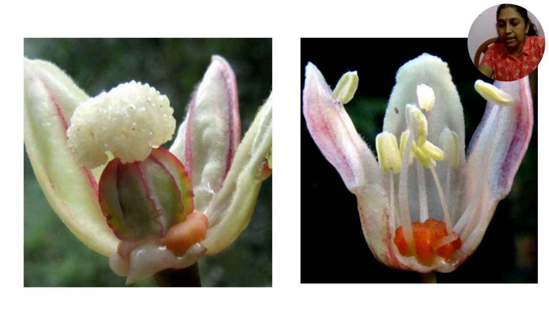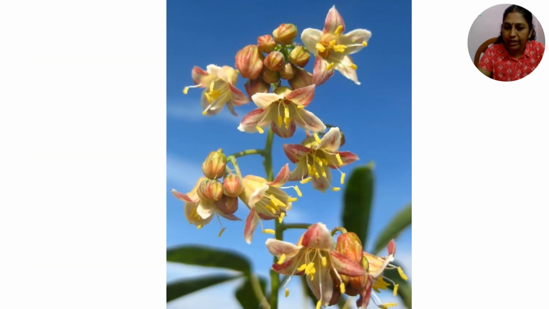We can see the innermost anthers and the outermost stamens varying in length, and we can clearly see the lobes at the base. We can see the stamens of the male flowers at the tip of the inflorescence.